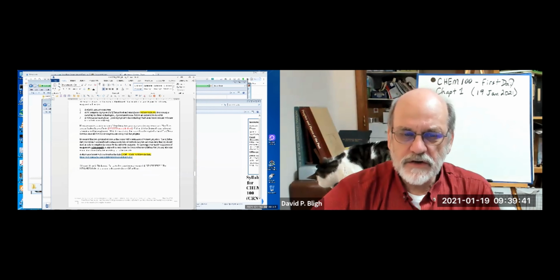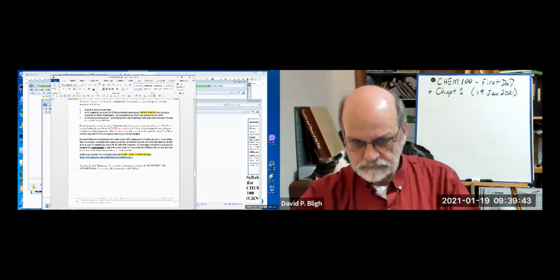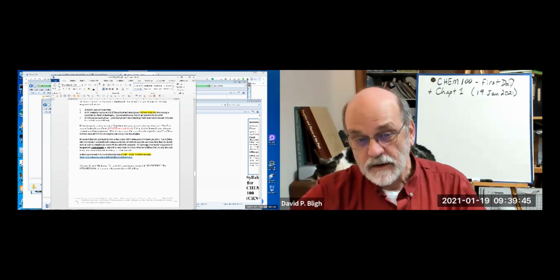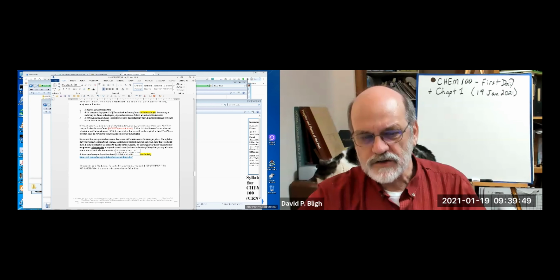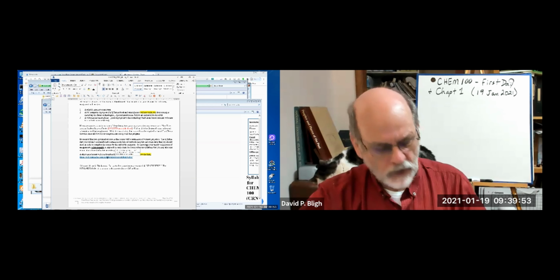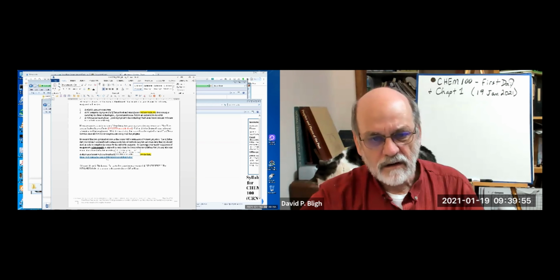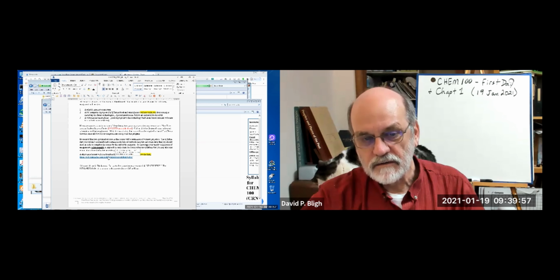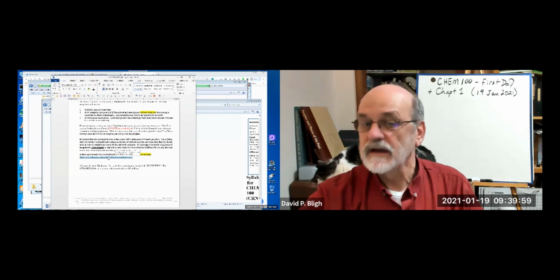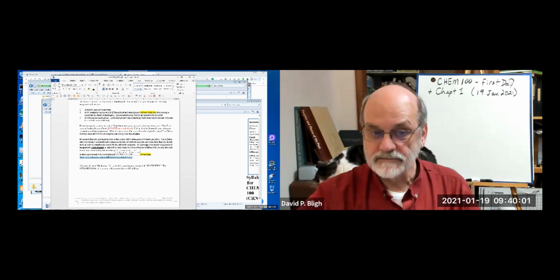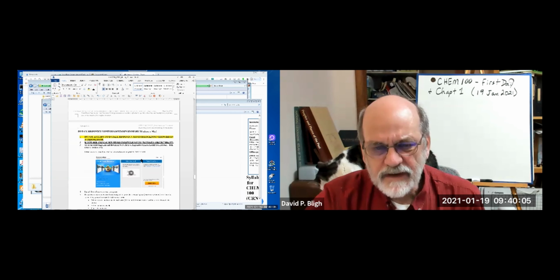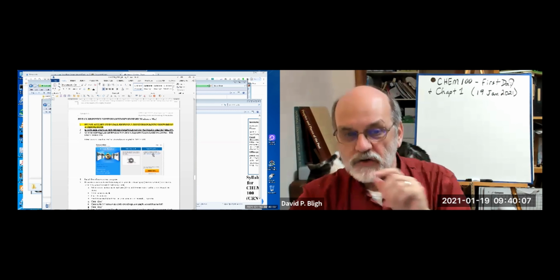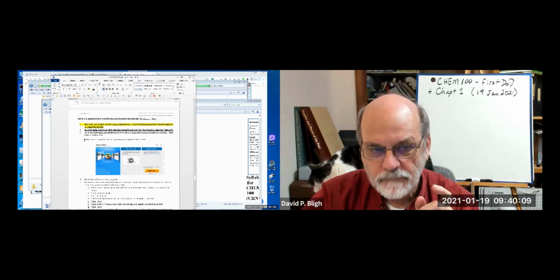And what you need to do in order to, well, I have a link in here. Whenever you see a link in a Word document like that, notice that it doesn't change to a pointer. If you hold down the Control key, then you can click it and it'll take you to that connection. But in order to get the lockdown browser on your computer, you need this link right here.